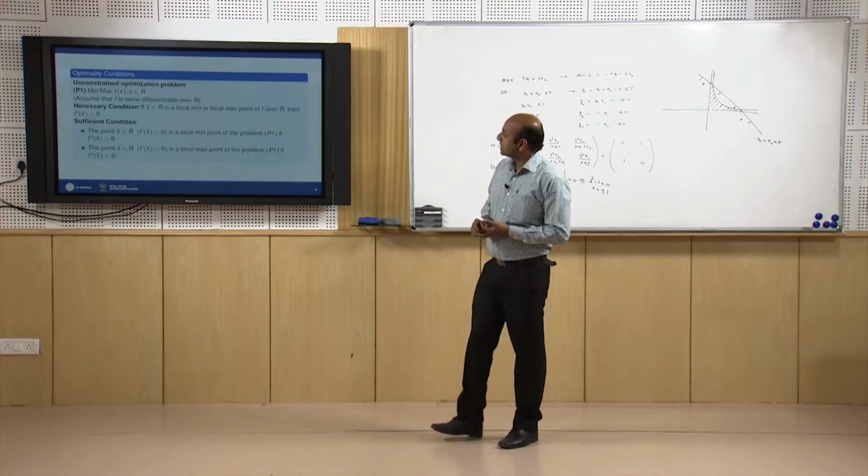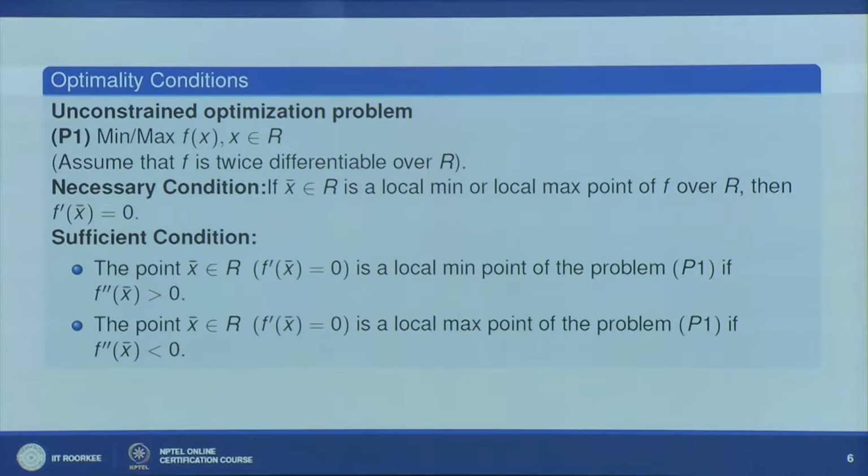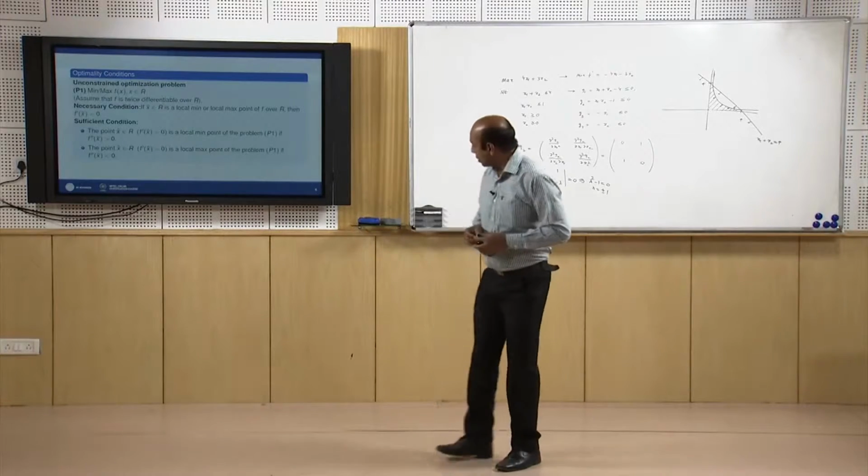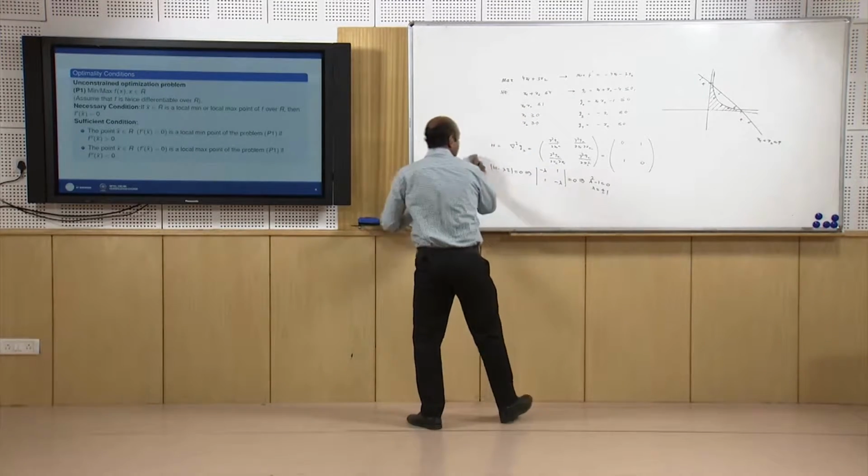Now, to study the optimality conditions of an optimization problem, we first start with the unconstrained optimization problem. Now, what is an unconstrained optimization problem? Let us discuss.